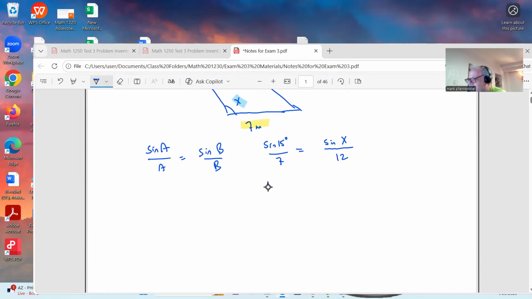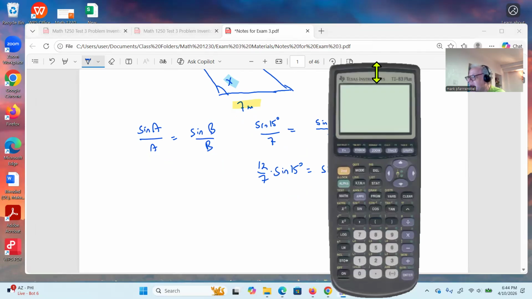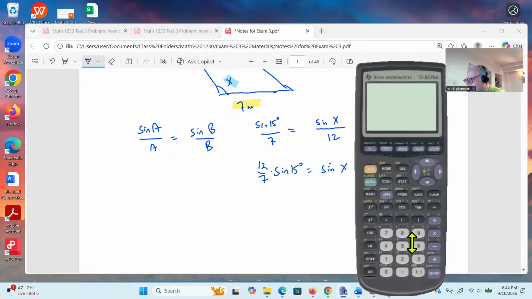We have 12 over 7 times sine of 15 degrees is equal to the sine of x. We're going to need a calculator for this. First, let me make sure we're in degree mode. We sure are. So we have 12 divided by 7, times sine of 15 degrees.